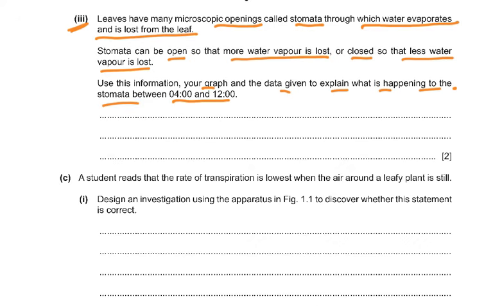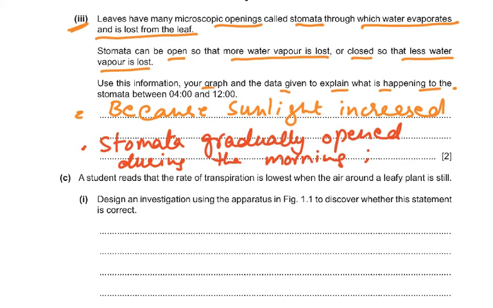So this of course triggers it, and the number of stomata open increases, or they open more widely, or they're opening gradually. You could use all these words to explain this. Because sunlight has increased as the day has progressed from 400 hours to 1200 hours, stomata gradually are opened during the morning.